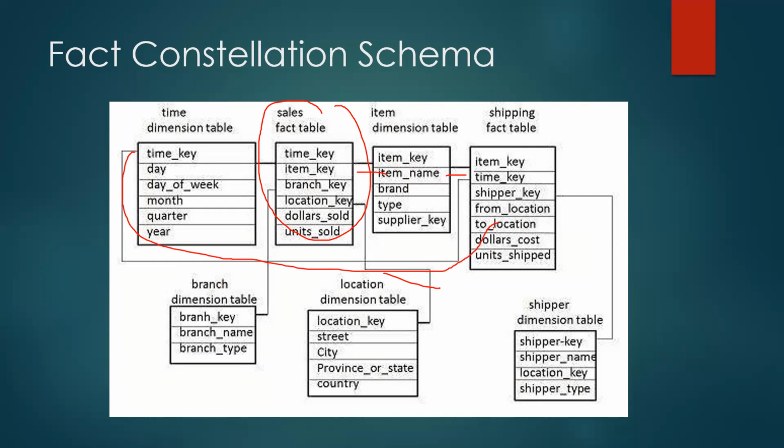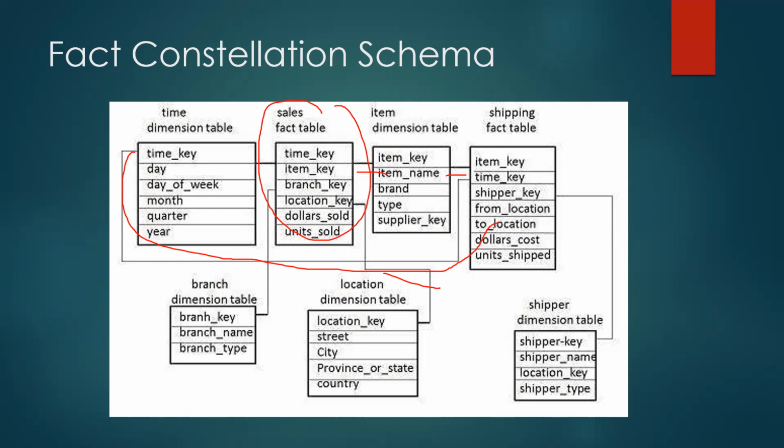The constellation schema has multiple fact tables, and we call it galaxy schema as well, because it has multiple fact tables.